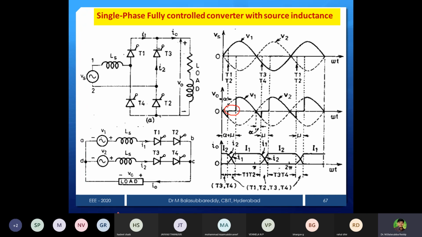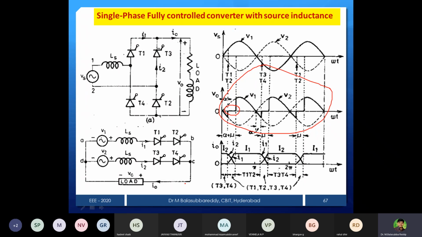Now we want to derive a small expression for how much magnitude is going to be dropped. How will you get it? If you find the average of this, and you already know the average of the RL load, you subtract these two and you will get the drop. We derived the expression for the fully controlled rectifier without considering source effect, that is 2Vm by π into cos alpha.